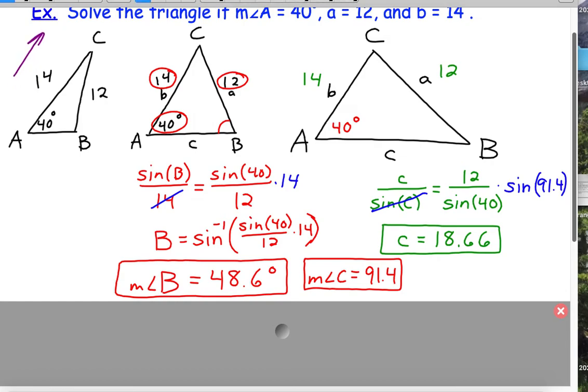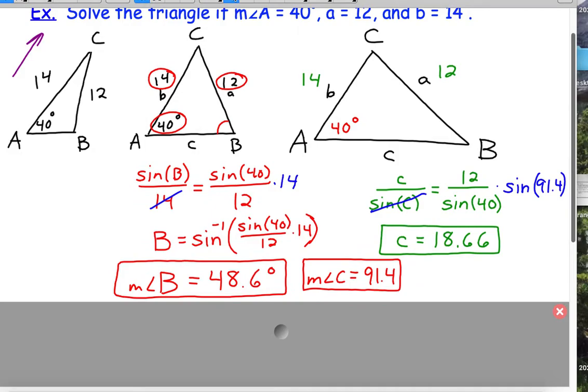So if I go ahead and work that out, let's switch to, how about purple? The measure of angle B is going to be 180 minus 48.6.